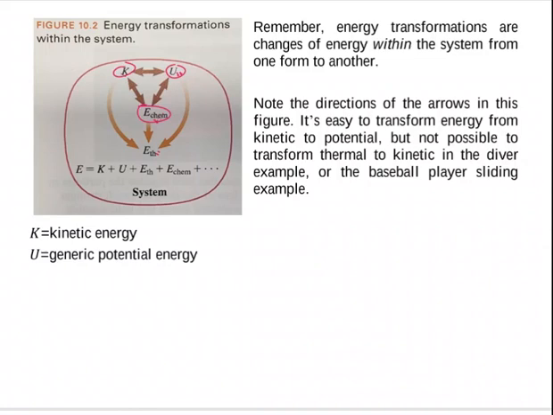Like the guy sliding into second base, the thermal energy that he lost his kinetic energy to, the heat that he gained on his leg from sliding into second base, that thermal energy is going to be lost. He can't get it back.